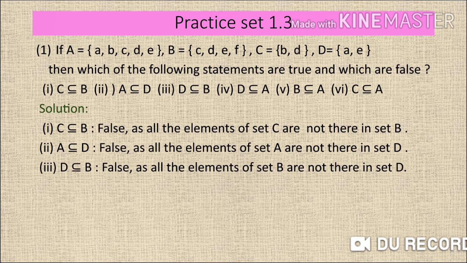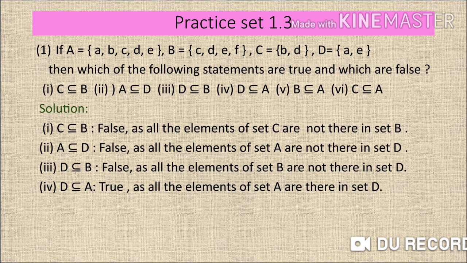Third one, D subset of B. This is also false, as all the elements of set D are not there in set B. Fourth, D subset of A. Now set D contains elements A and E, and both the elements are present in set A. Therefore, this is true.